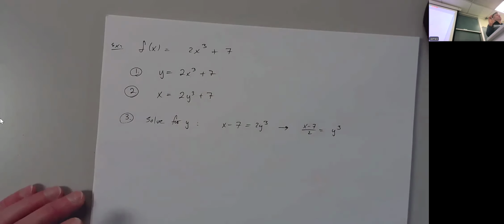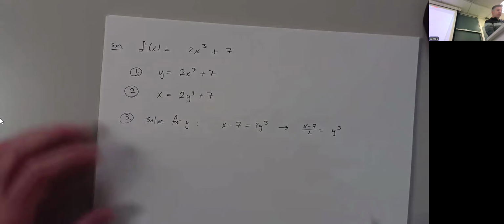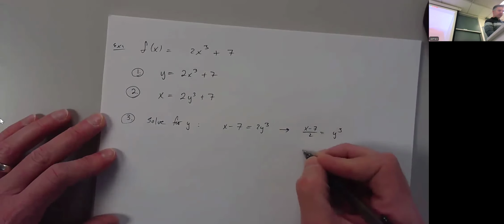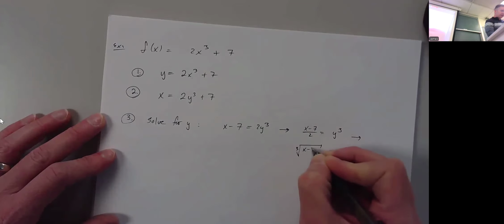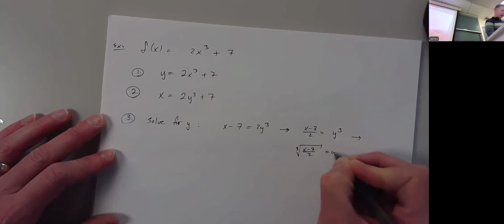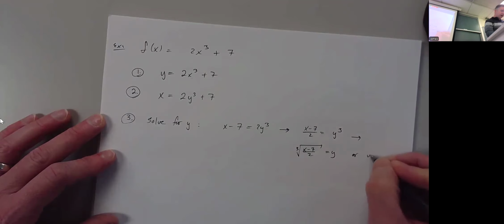I will point out, finding the inverse function really depends heavily on your ability to know the order of operations correctly, right? What things you have to do before you do other things. So cube root both sides, and you get the cube root of (x minus 7) over 2 is equal to y. Or if you prefer, y equal to ((x minus 7) over 2) to the 1/3 power.